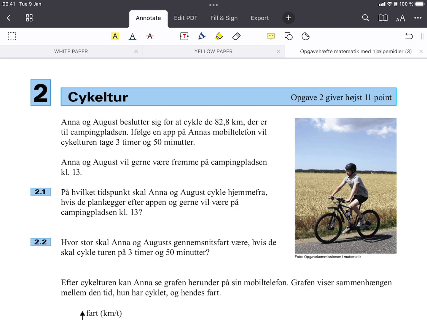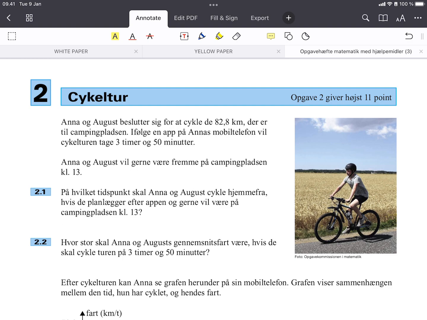Anna and August would like to be at the campsite at 1300 hours, 1 o'clock in the afternoon. Question 1, what time do Anna and August cycle from home if they're planning according to the app?